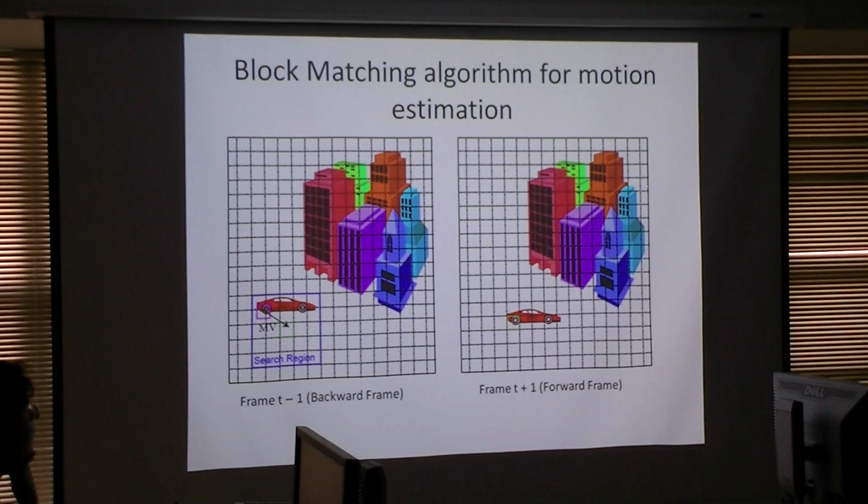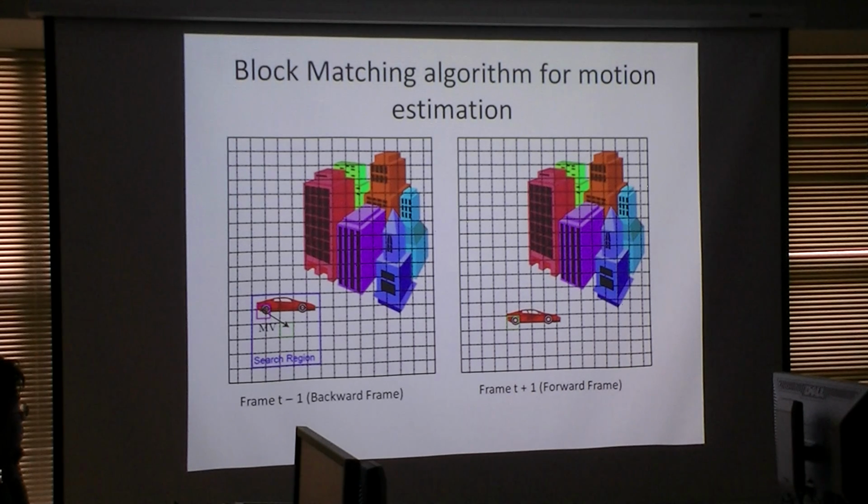Now I will introduce the key idea of using the block matching algorithm for motion estimation. First, each frame is partitioned into many non-overlapped macro blocks, as we saw in this slide. Then for each macro block in the forward frame, the right-hand figure, we try to search for a block in the backward frame on the left-hand side that has the lowest matching error.